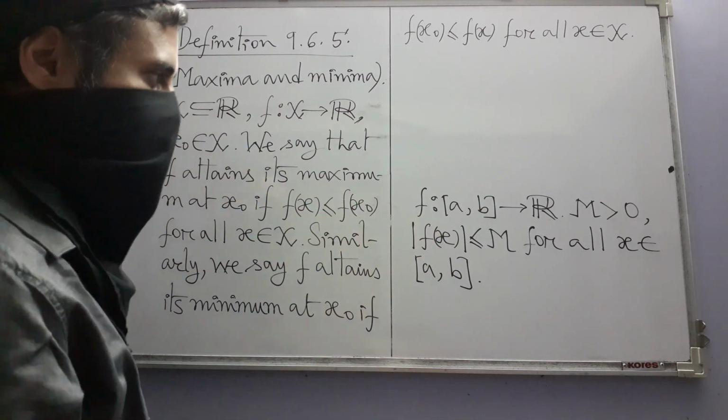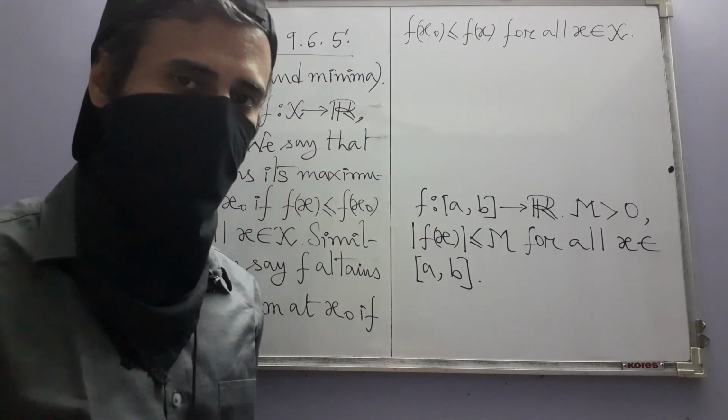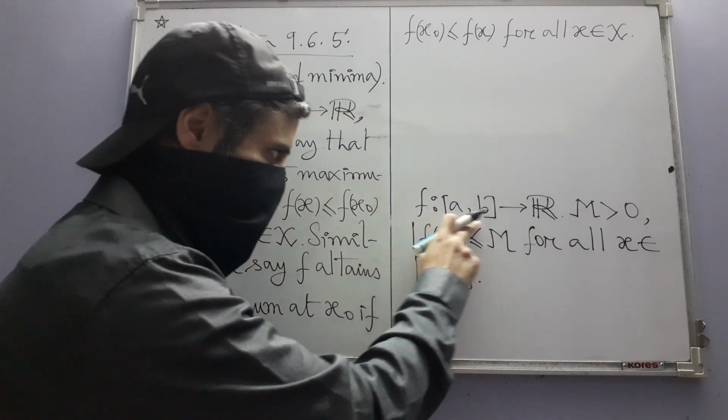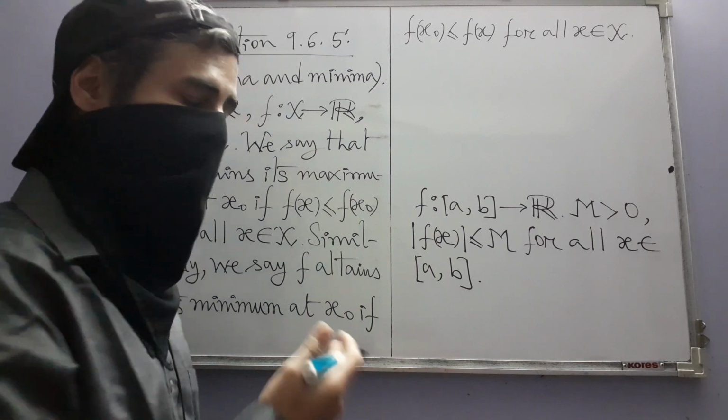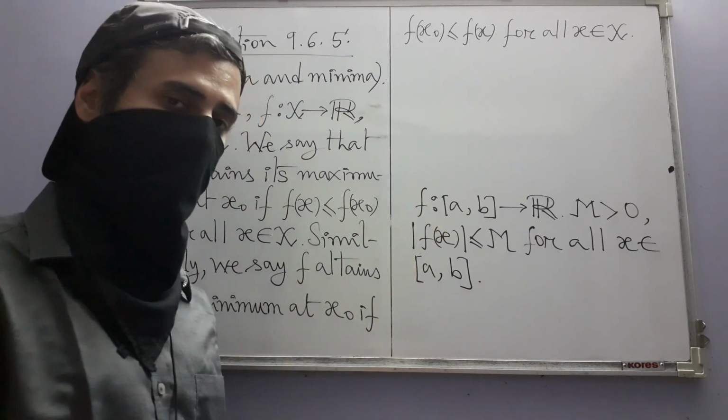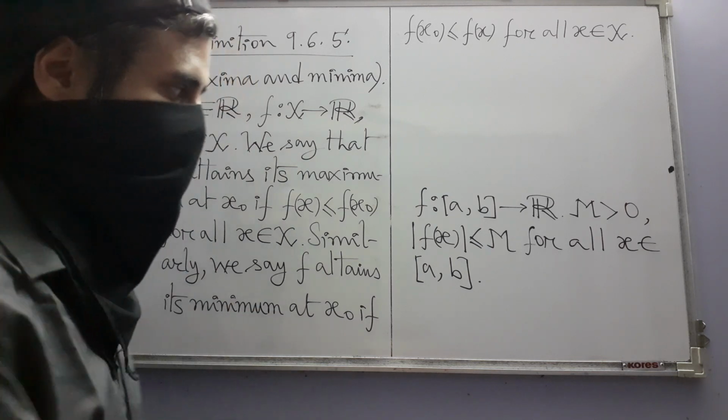Such a maximum or minimum value actually may not exist, but now we are going to prove that if we have a function like this and it's continuous, then that function will have a maximum value and also a minimum value.